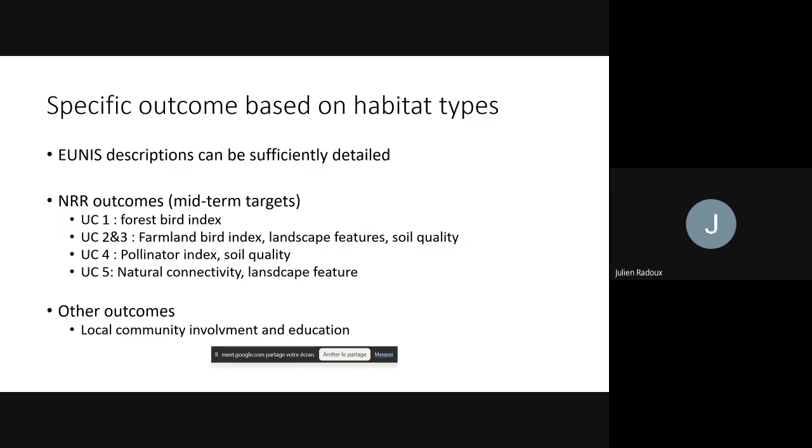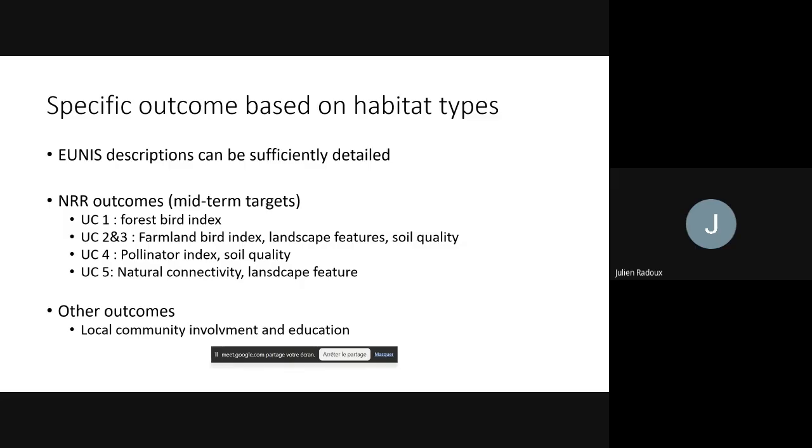Those outcomes are also linked with a lot of the nature restoration regulation of Europe. Those are more midterm targets. For use case 1, for instance, there is a forest bird index. There are also lots of other criteria to assess the forest.